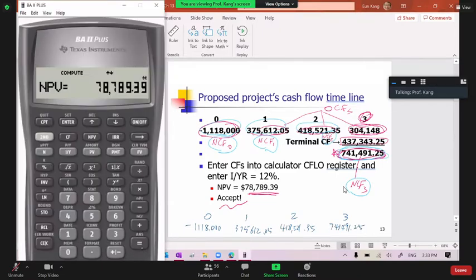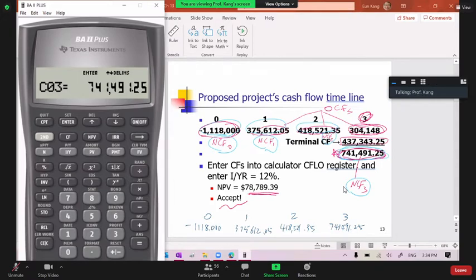So all you have to do is go to cash flow. Year 0, 1,118,000, negative, don't forget negative, right? And year 1, down arrow, 375,612.05. Year 2, 418,521.35. Year 3, 741,491.25. Right?